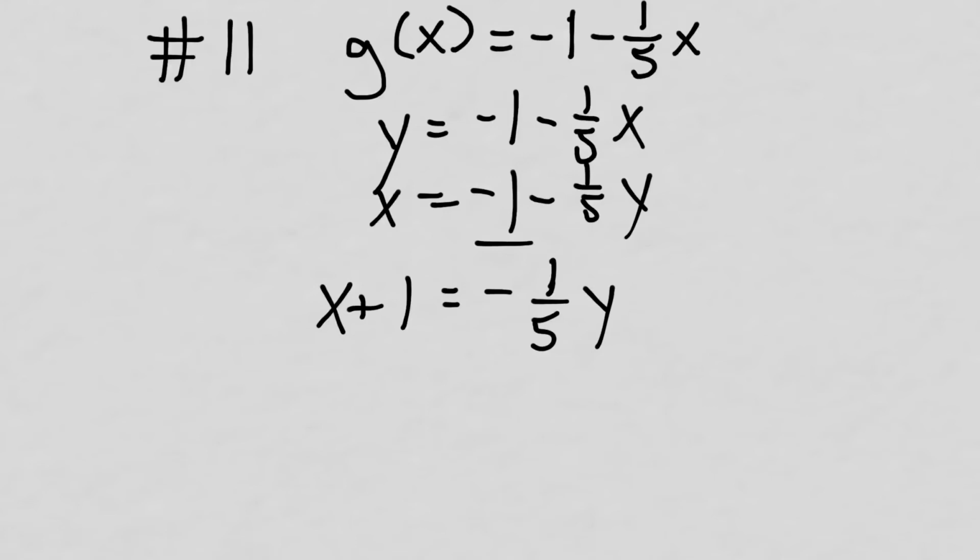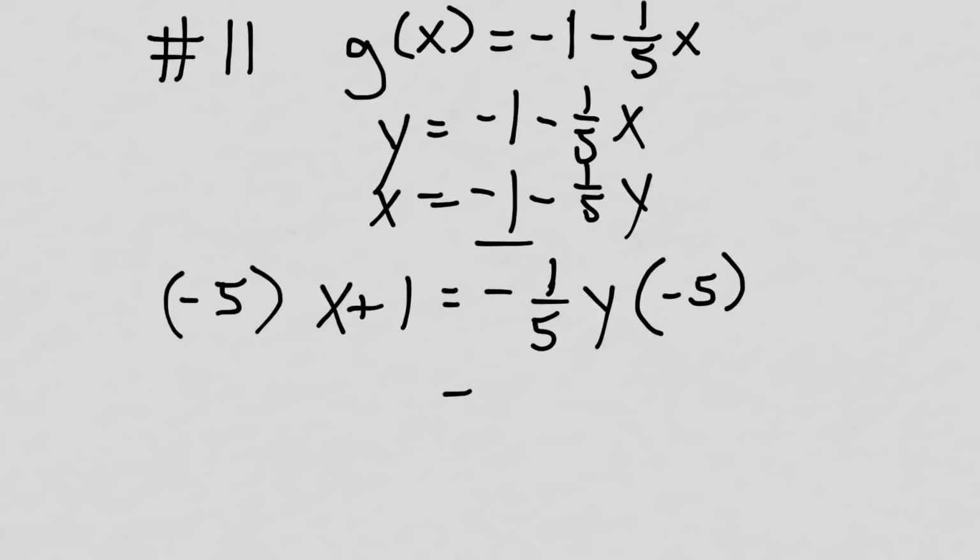Like we did, I think probably back on number 8, we have to do something with this -1/5. This is the coefficient of y. You want to make the coefficient of y 1, just so it's y by itself. So I'm going to multiply both sides by -5.